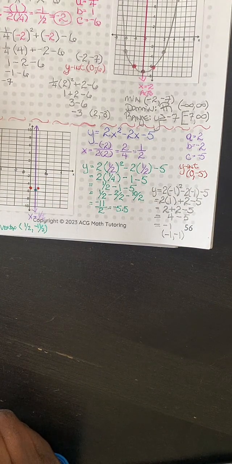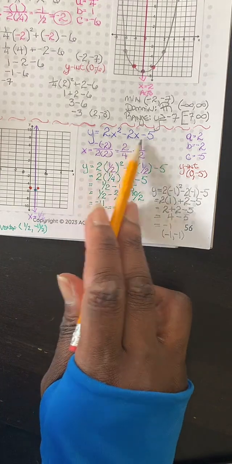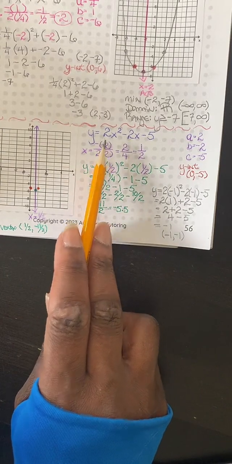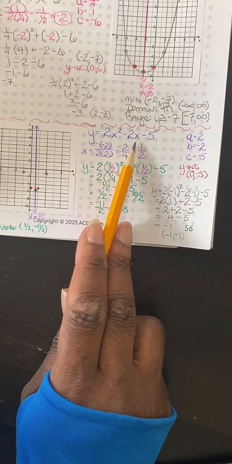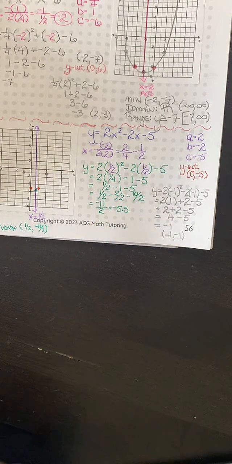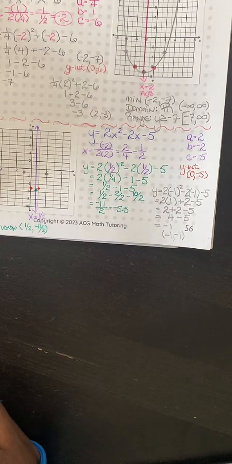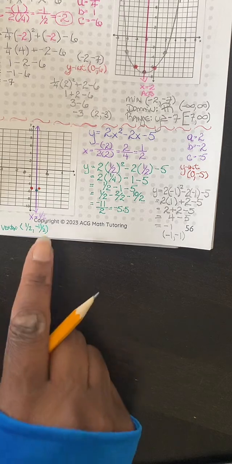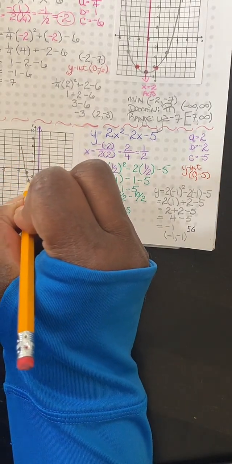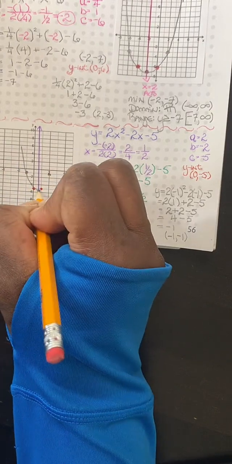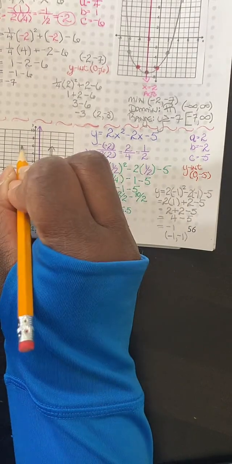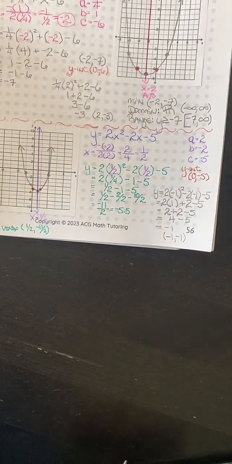Okay. If you don't believe me, you can plug in the 2 for the x's. So 2 squared gives me 4. 2 times 4 gives me 8. Okay. 8 minus 4 gives me 4. 4 minus 5 gives me -1. So now that we have our parabola, we can just go ahead and sketch our graph. A little wonky, but I think we got it.